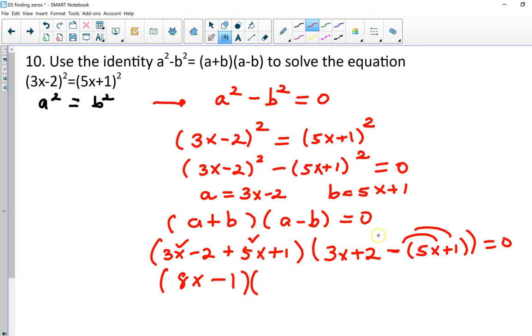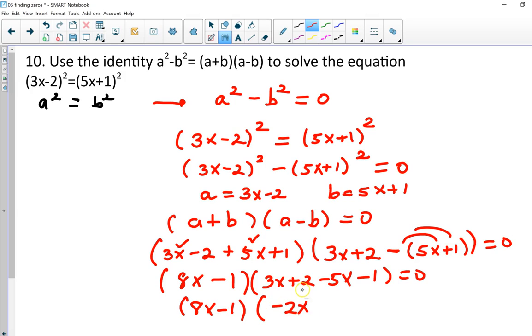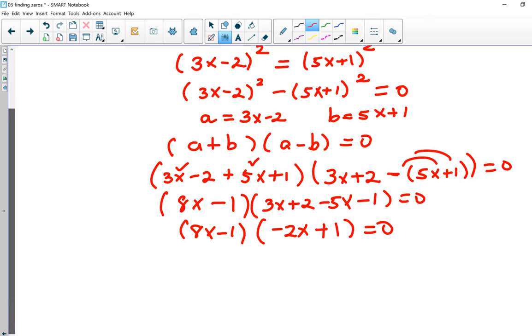And for the other expression, I'm going to expand it out. I'm going to distribute carefully. I get 3x minus 5x is negative 2x, and minus 2 minus 1 is positive 1... But I'm not done yet.